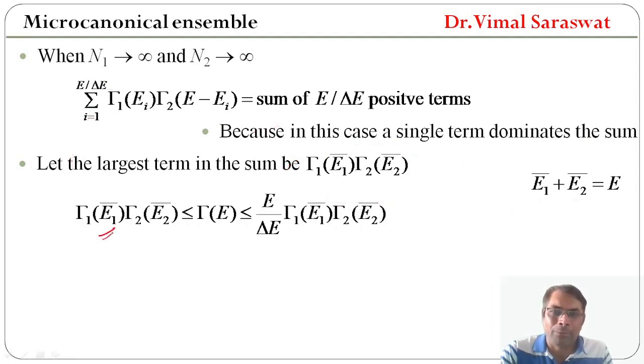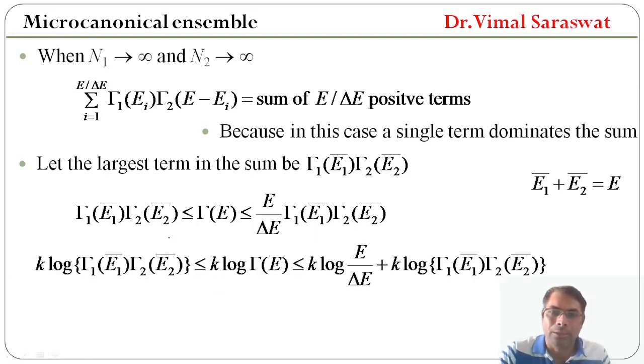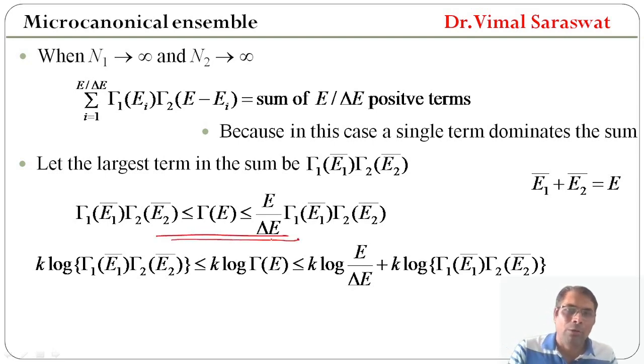So gamma 1 E1 bar, gamma 2 E2 bar is less than or equal to gamma E, which is less than or equal to E upon delta E times gamma 1 E1 bar, gamma 2 E2 bar. Now, we take the logarithm of each side and also multiply by Boltzmann's constant k.